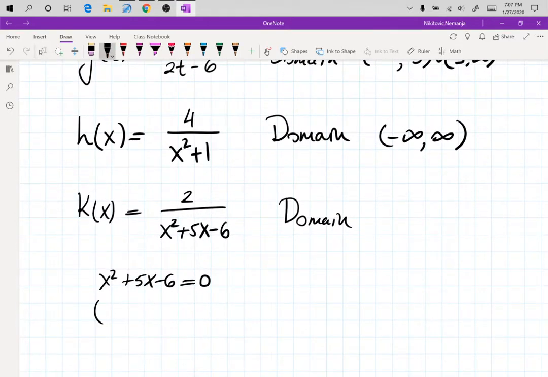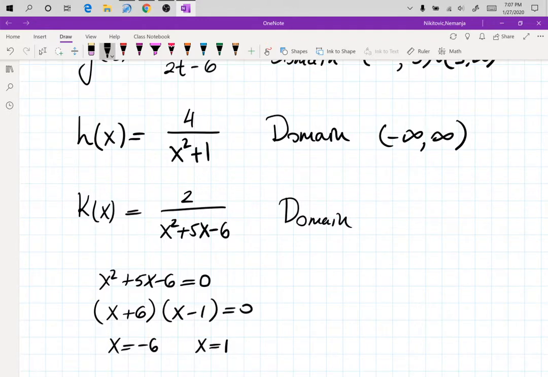And you have x plus 6, x minus 1 equals 0, x equals negative 6, x equals 1. This type of factoring you learned in elementary algebra, then intermediate algebra. So you factor it.